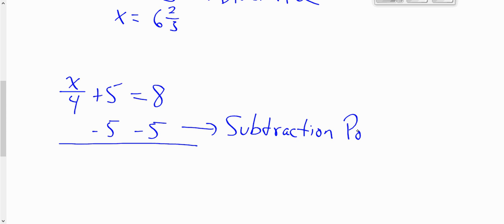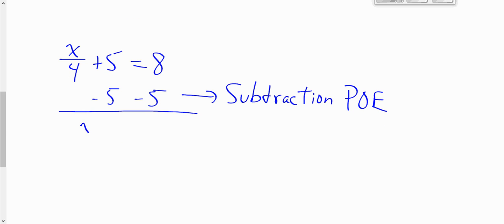Oops, let me just actually write that. All right. So that leaves us with x over 4 equals 3. So here, we would multiply both sides by 4, right?